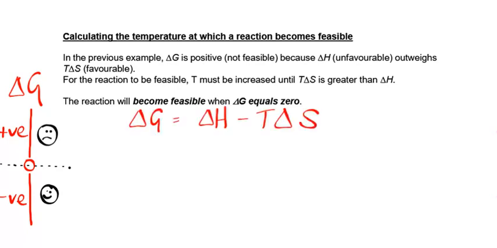So if we let delta G be 0, then this allows us to rearrange the equation to work out temperature, as long as we know the enthalpy change and the entropy change.